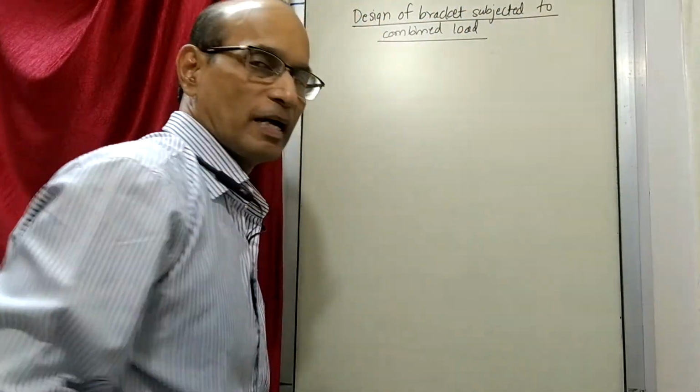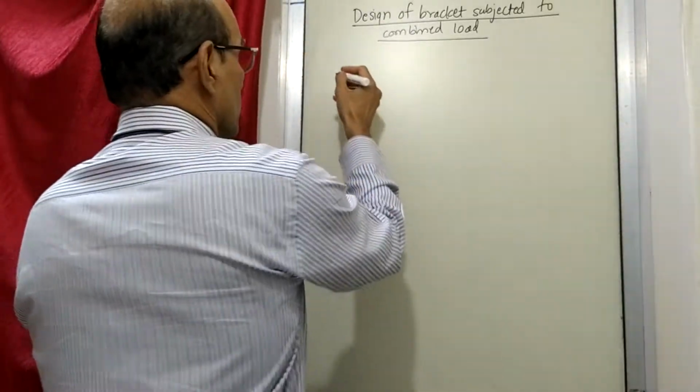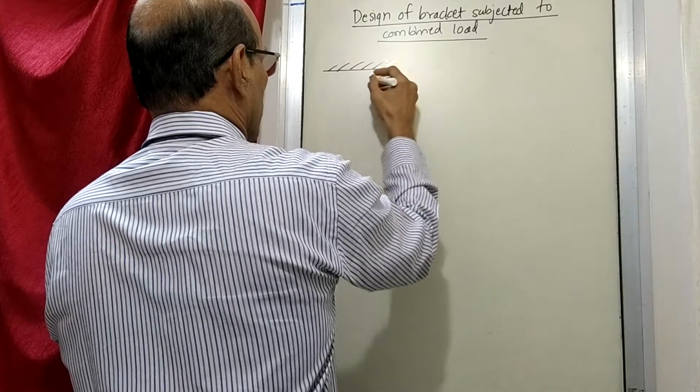So the topic is design of a bracket which is subjected to combined load. So let's first draw a figure which I am drawing like this.